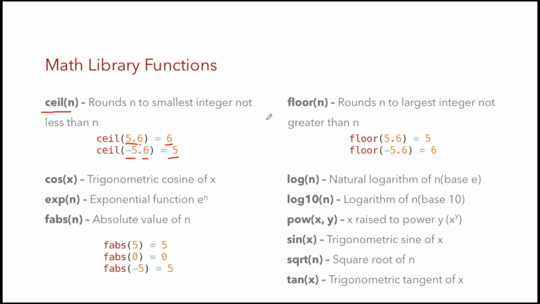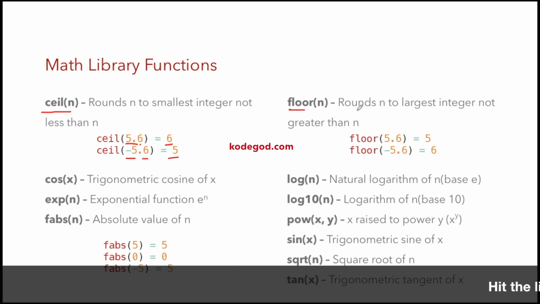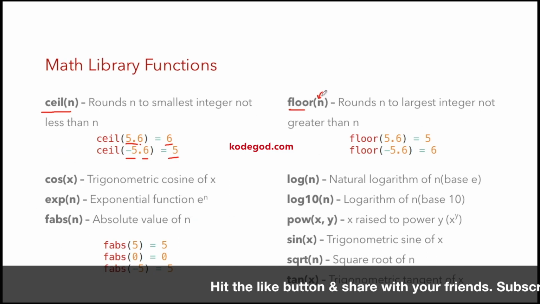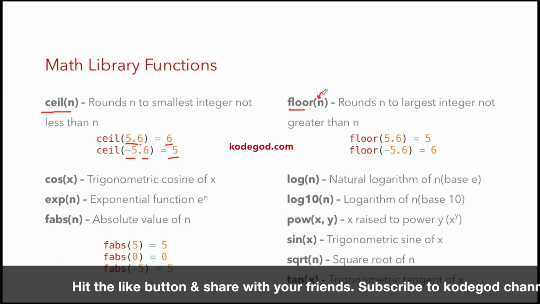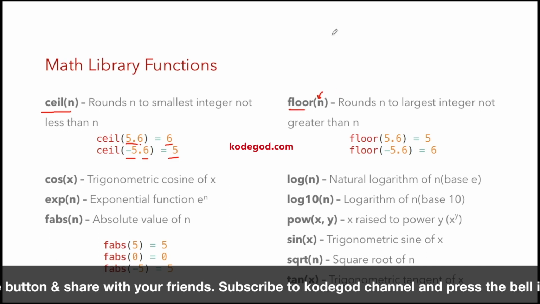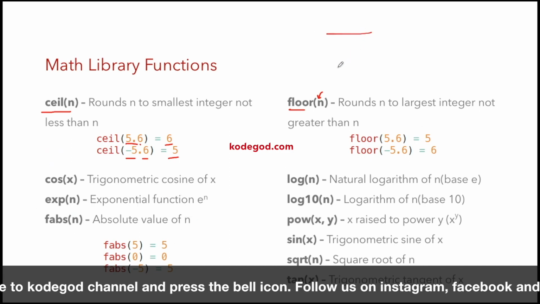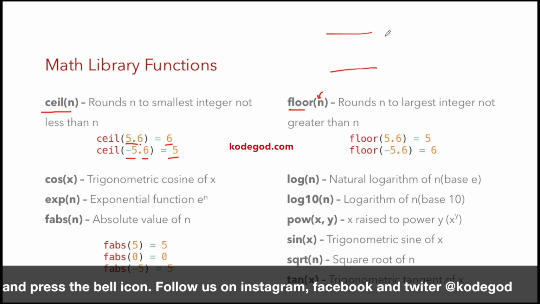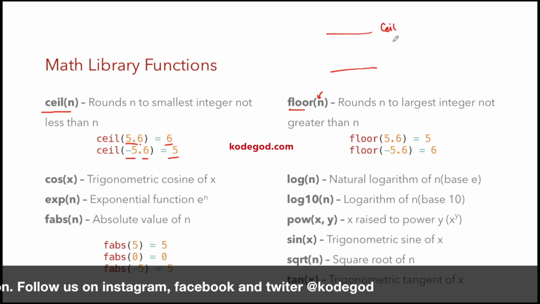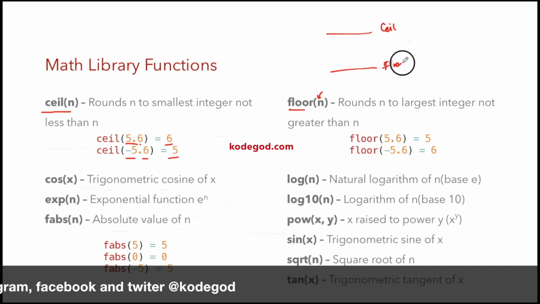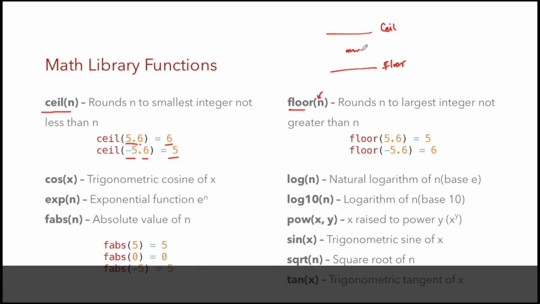Similar to ceiling we have floor. The floor value gives you a rounded value for the variable n to the largest integer which would not be greater than n. Just to simplify this, this is your ceiling value and this is your floor value, and your supplied value would be somewhere in between.